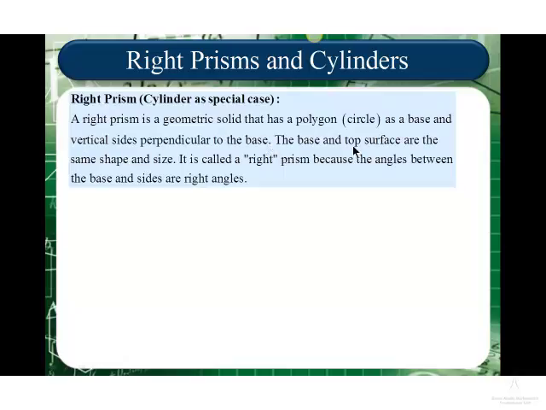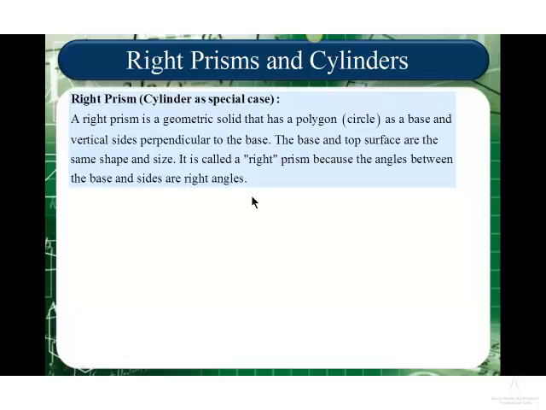The base and top surface are the same shape and size in all cases. It is called a right prism because the angles between the base and the sides are right angles.